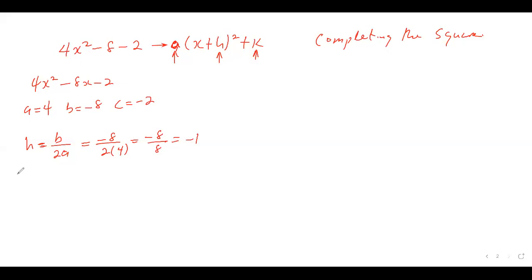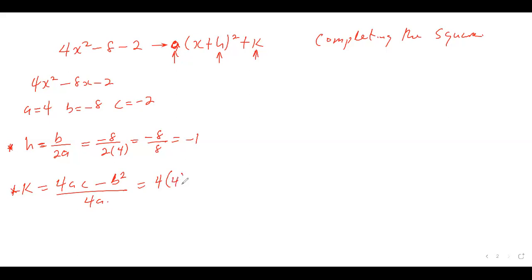So let's go and find K, right? K is 4AC minus B squared over 4A. So you need to know the formula for H. You need to know the formula for K. So what is my A value? 4.